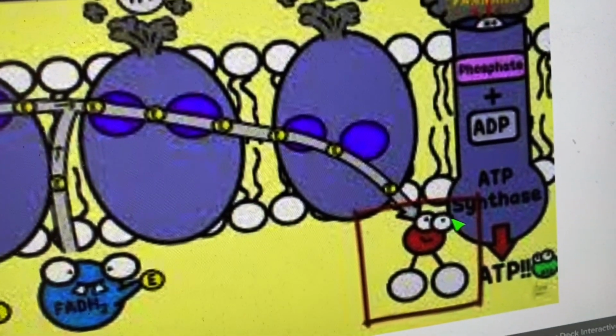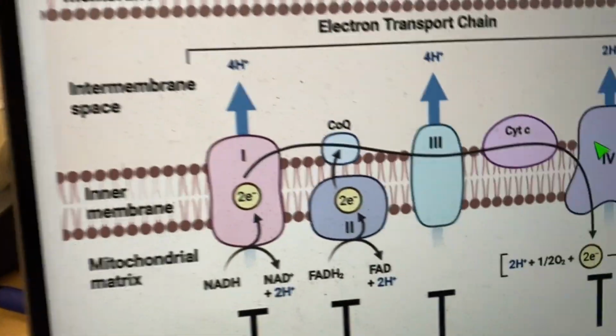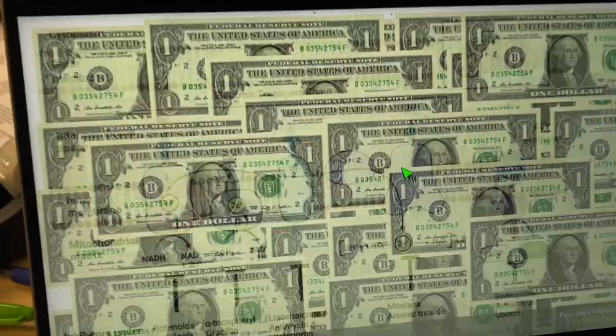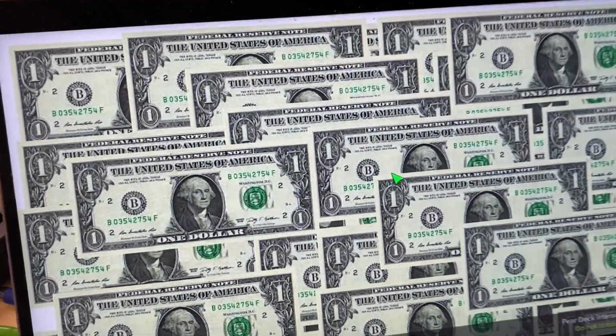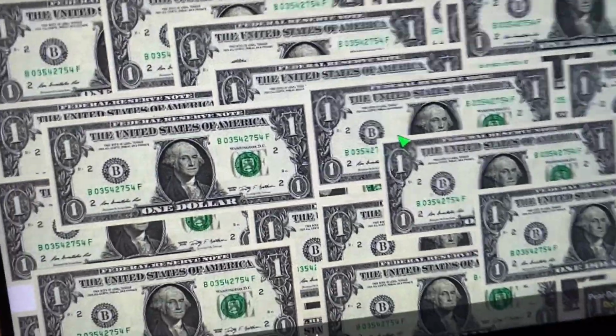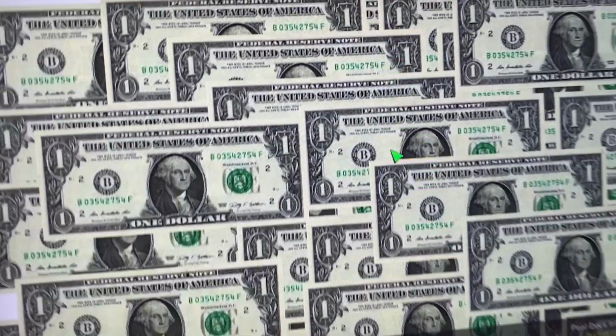And when you're done with the electron transport chain, you've got something like $36 more of ATP, or 32, anywhere from upper 20s to 30, depending on how efficient your cells are doing electron transport.